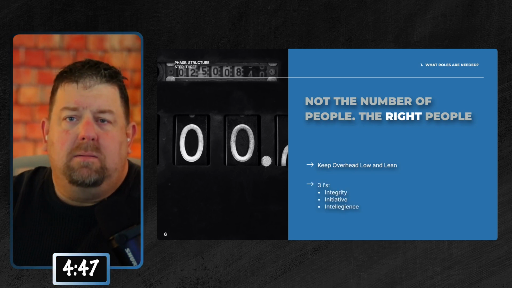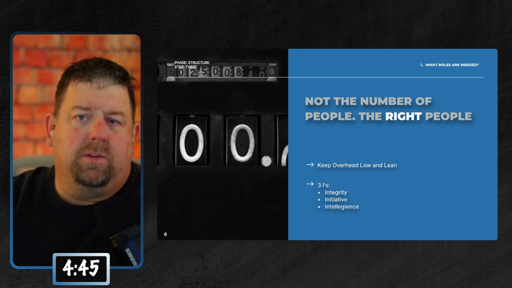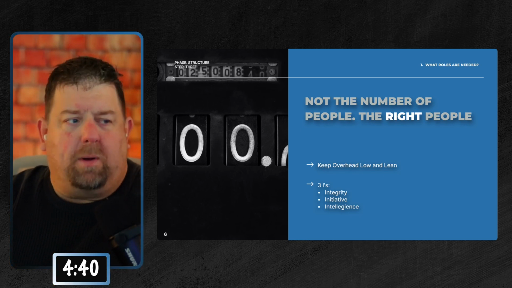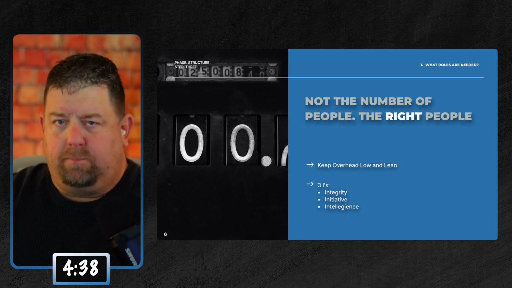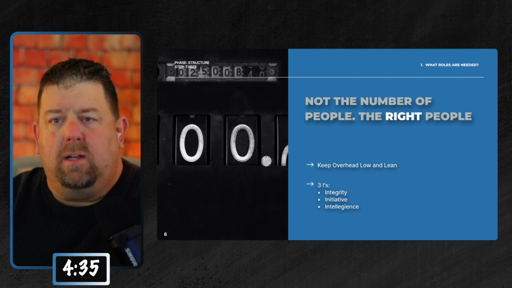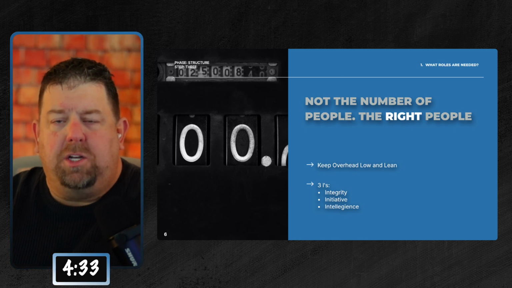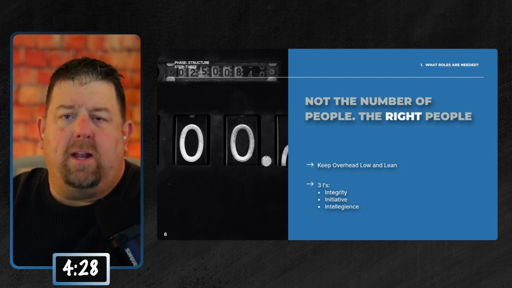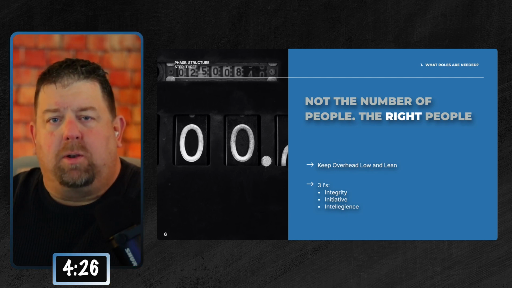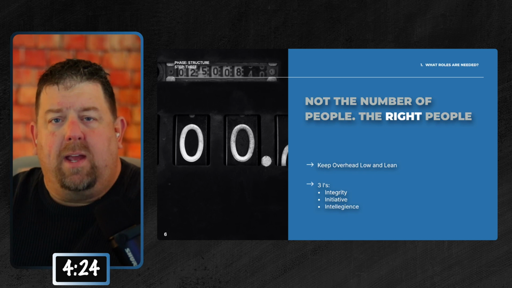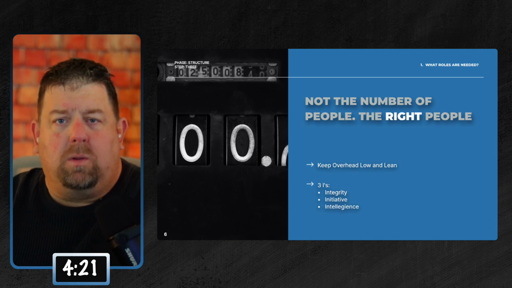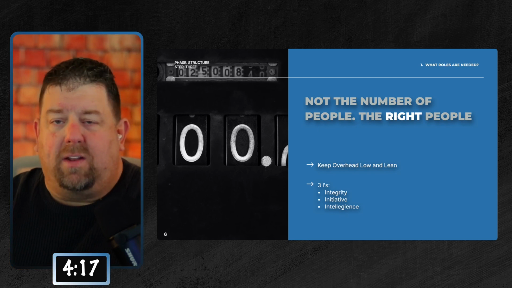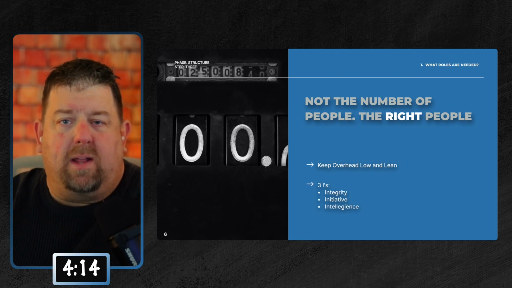I'd say when you're hiring, looking for the right people in those roles, we're not putting names yet, but we're putting people in them. Warren Buffett hires this way with the 3 I's: integrity, initiative, and intelligence. You don't necessarily need smart people. You need intelligent people, people who can be creative and overcome and adaptable and find their own answers and hold themselves accountable and be receiving of delegation and then take it and run with it until they absolutely can't, but knowing where to find the answers.